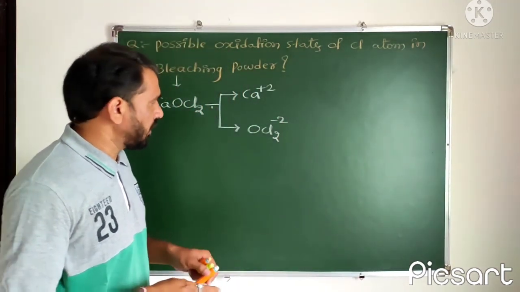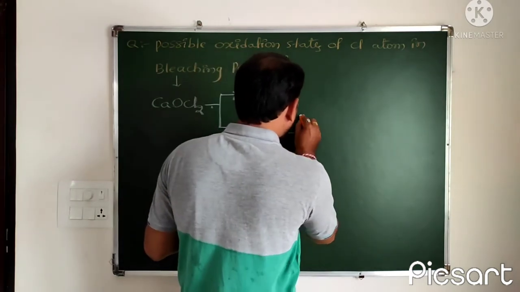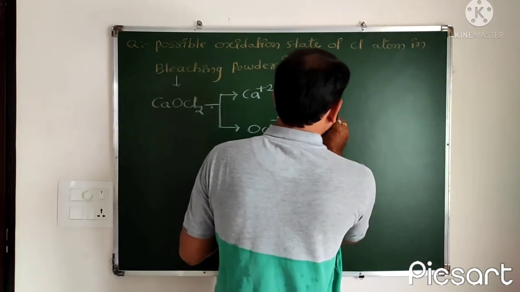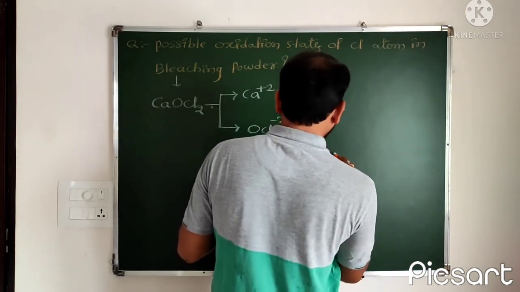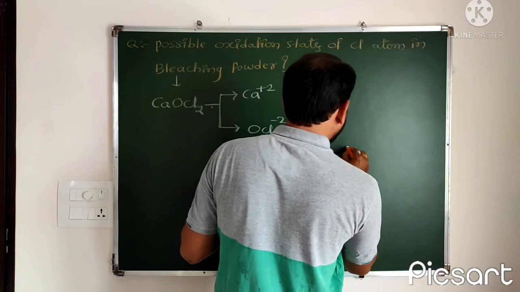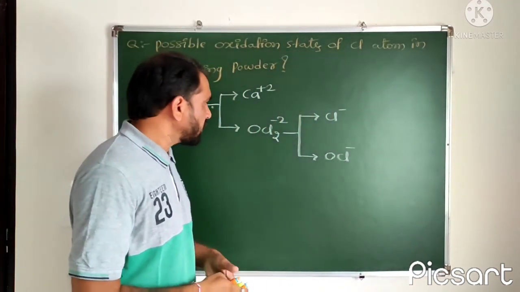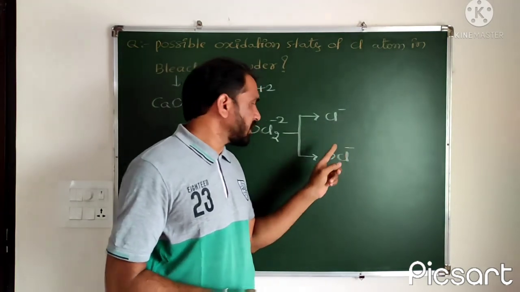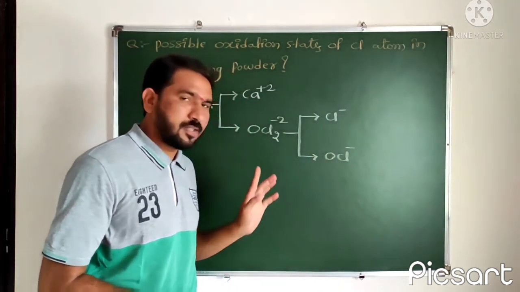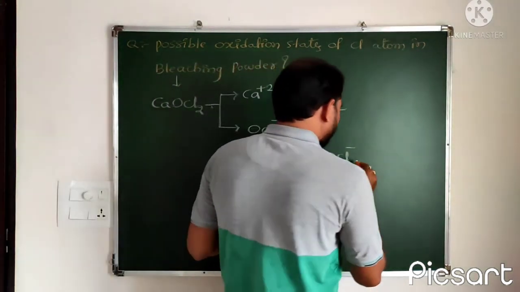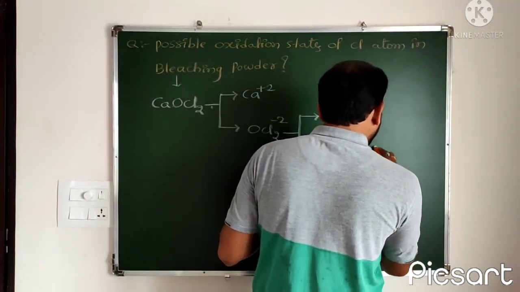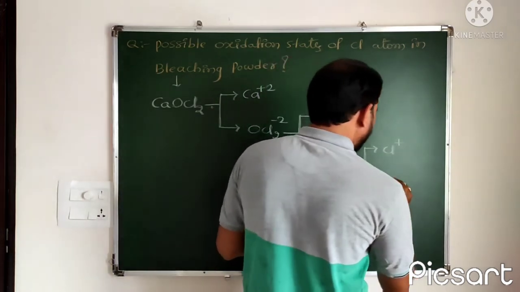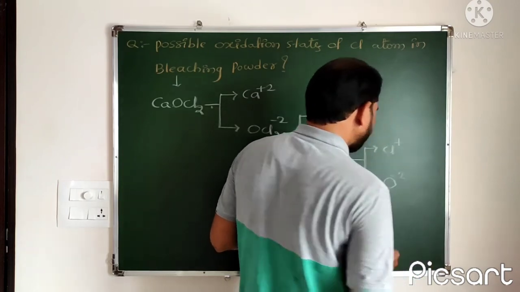Is it clear? After that, this anionic part again dissociates as Cl- and OCl-. Among the two negative charges, one is on Cl-, and the remaining one is on OCl-. Is it clear? After that, this OCl- again dissociates as Cl+ and O2-.